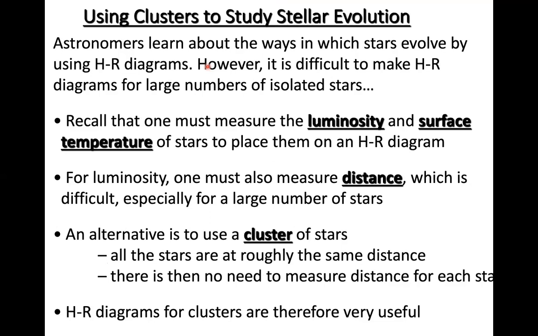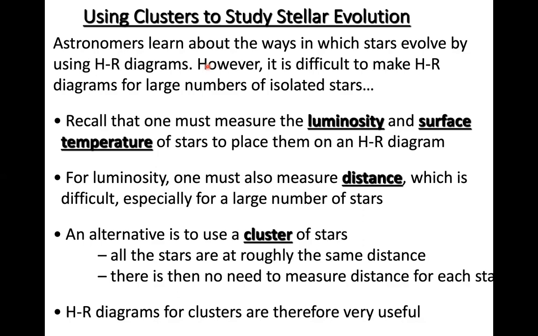So which means they are roughly at the same distance, right? Now, when you measure the luminosity of a star, you have to find the distance to that particular star, right? Because different stars are at different distances. If you are looking at isolated stars, first you have to find the distance to the star and then the luminosity, right?